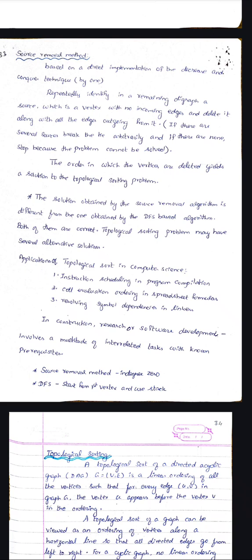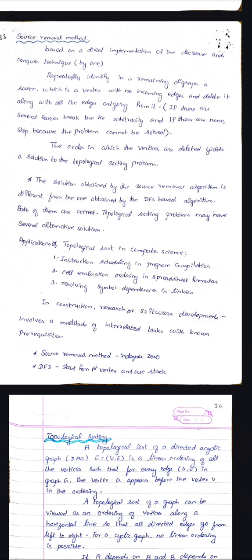If there are several sources, break the tie arbitrarily, and if there are none, stop because the problem cannot be solved. The order in which the vertices are deleted yields a solution to the topological sorting problem.